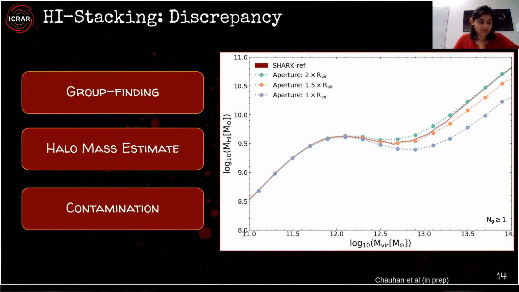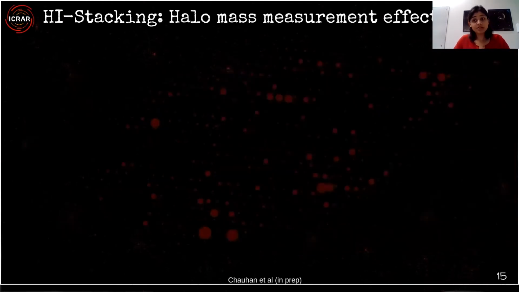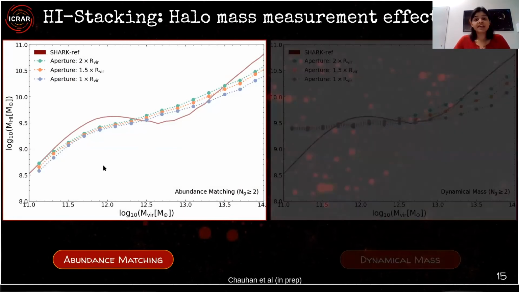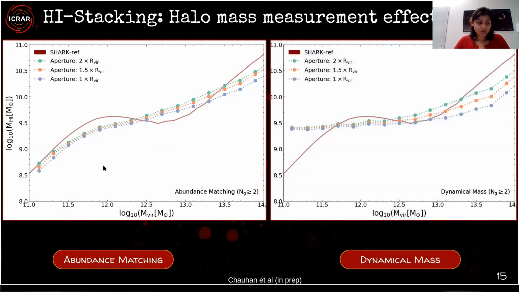In this case, we are looking at mostly two halo mass estimate techniques. First is abundance matching, which relies on the luminosity-halo mass relation in order to get the halo mass of the groups. And second is dynamical mass, which relies on physical properties such as velocity dispersion and the radius of the group to estimate the halo mass.